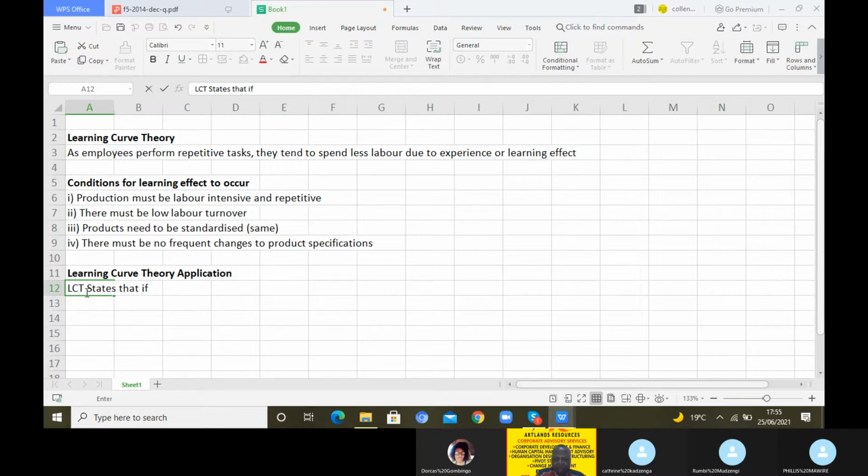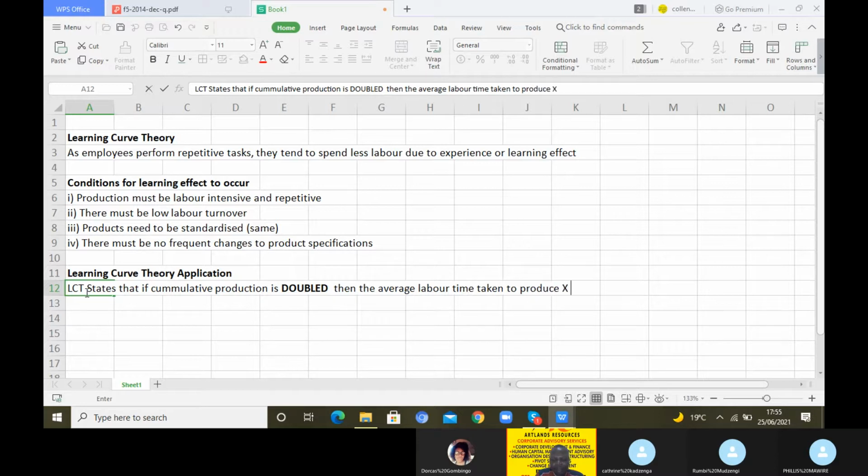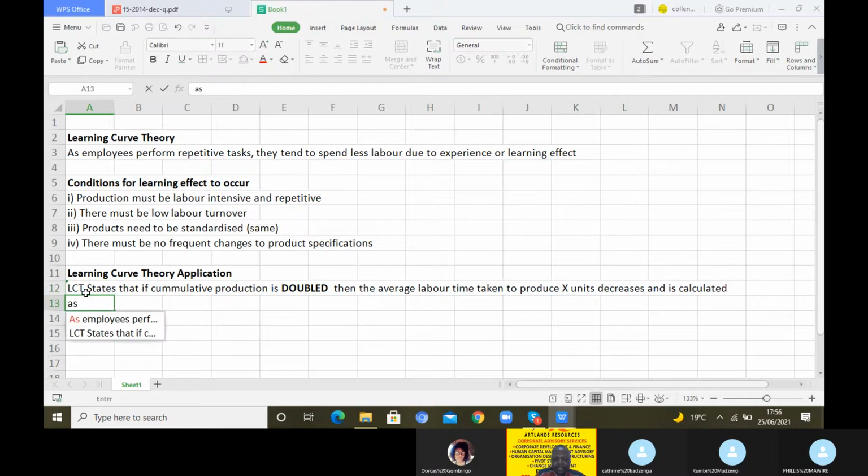if cumulative production is (let me put the word doubled in bracket) doubled, then average labor time taken to produce X units decreases and is calculated as follows.